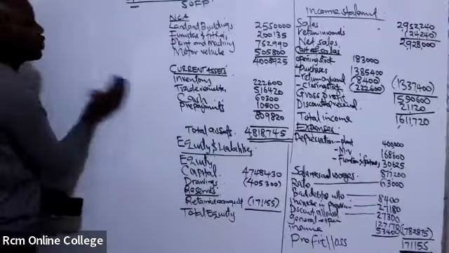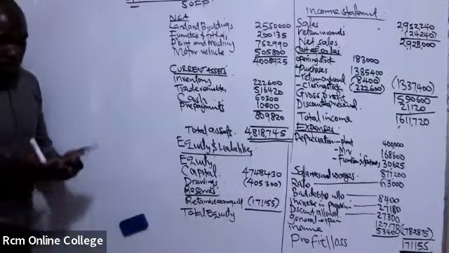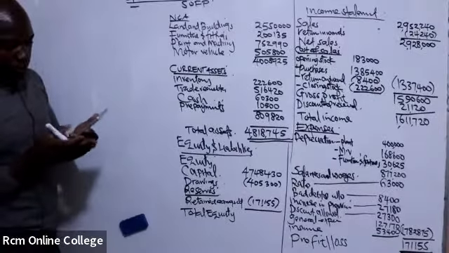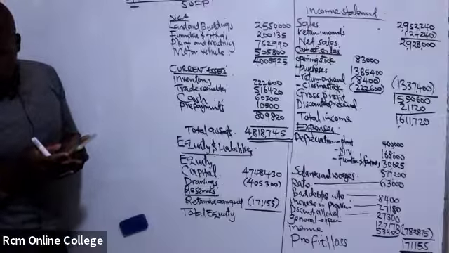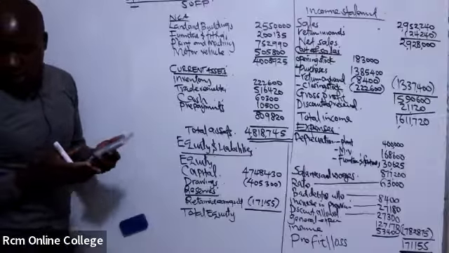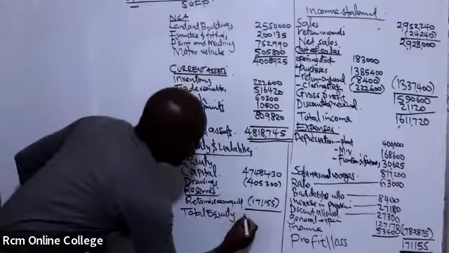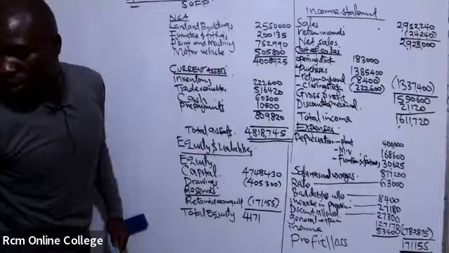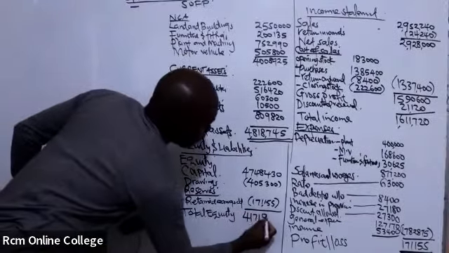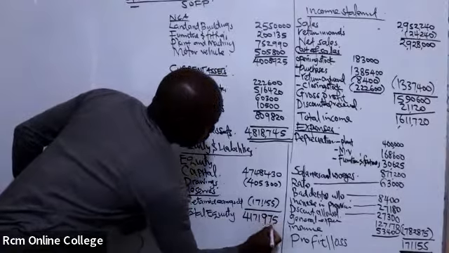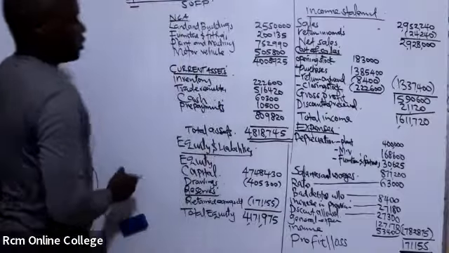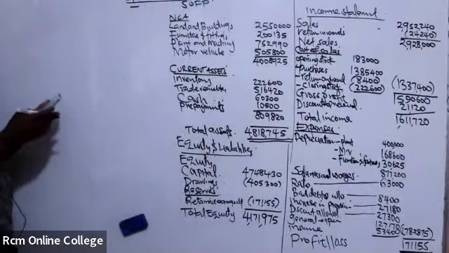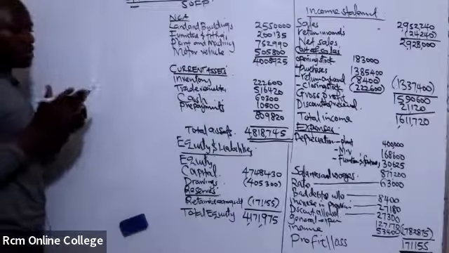Somebody should be having total equity. 171,975. Now we go to non-current liabilities.